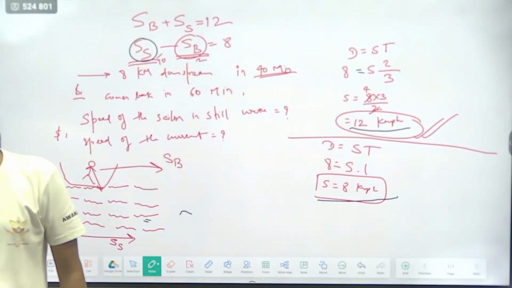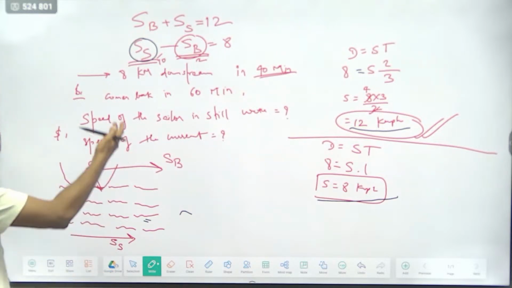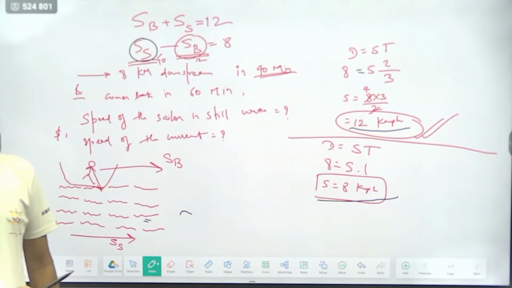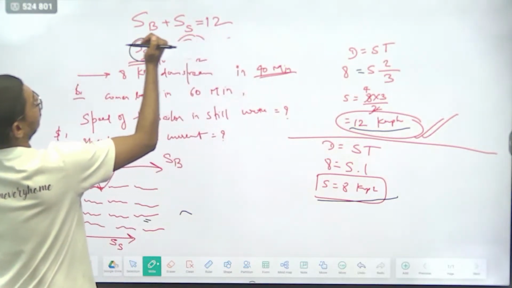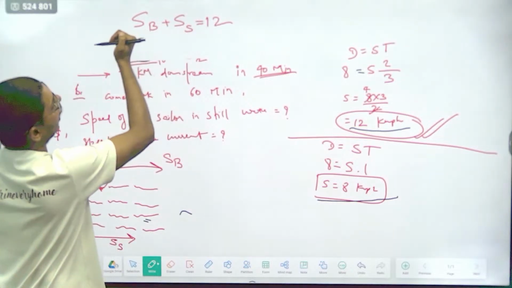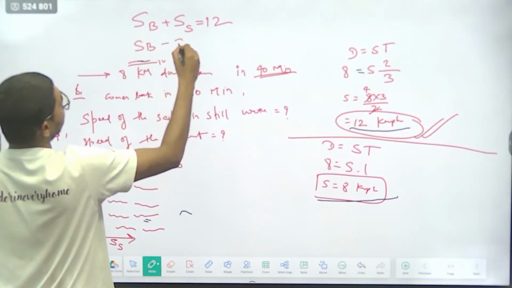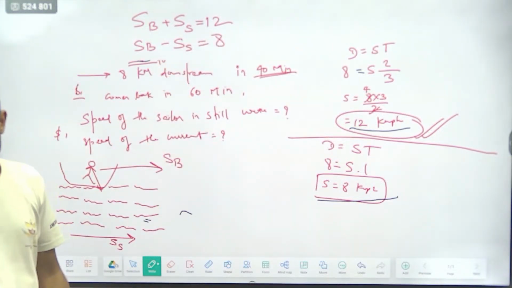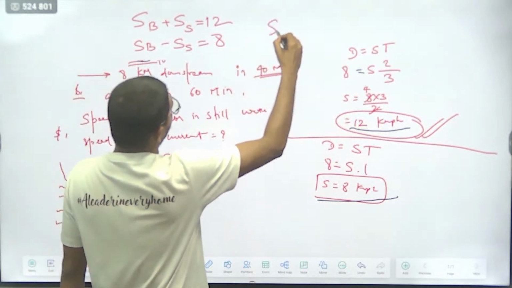Is it possible? It's not possible, because the boat would go back instead of going forward. So it has to be this way: speed of the boat minus speed of the stream is equal to 8. Then only the boat will move, right?